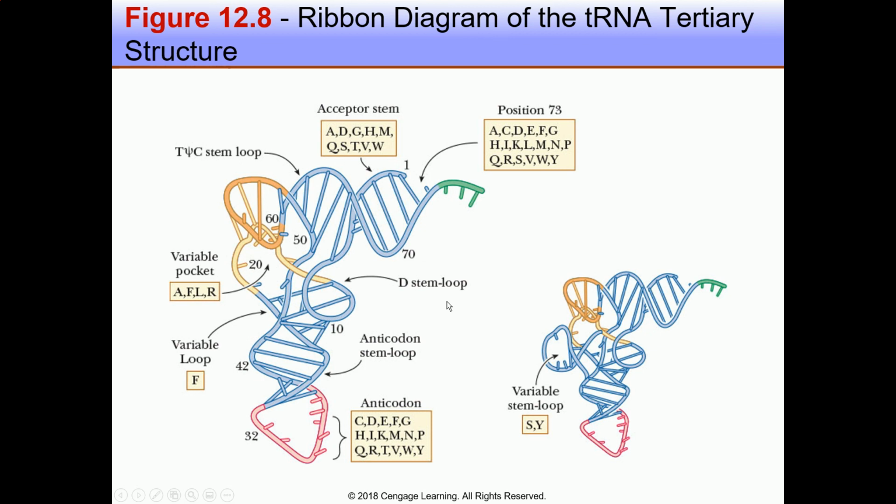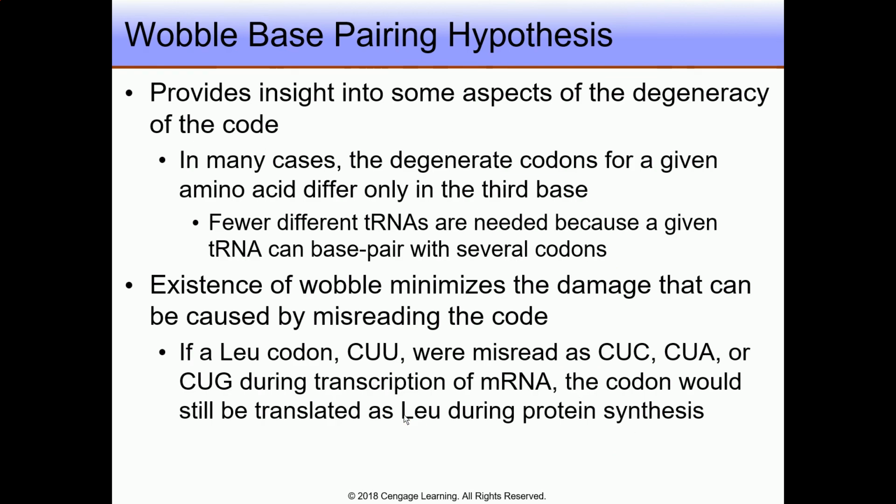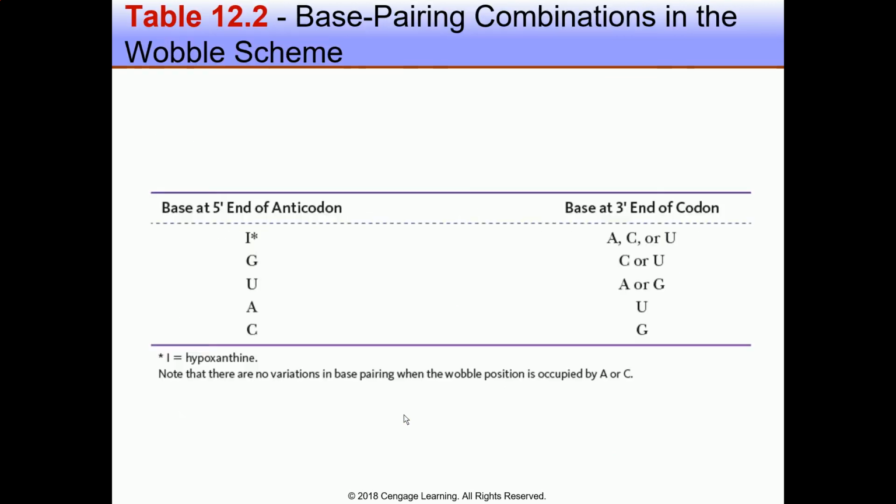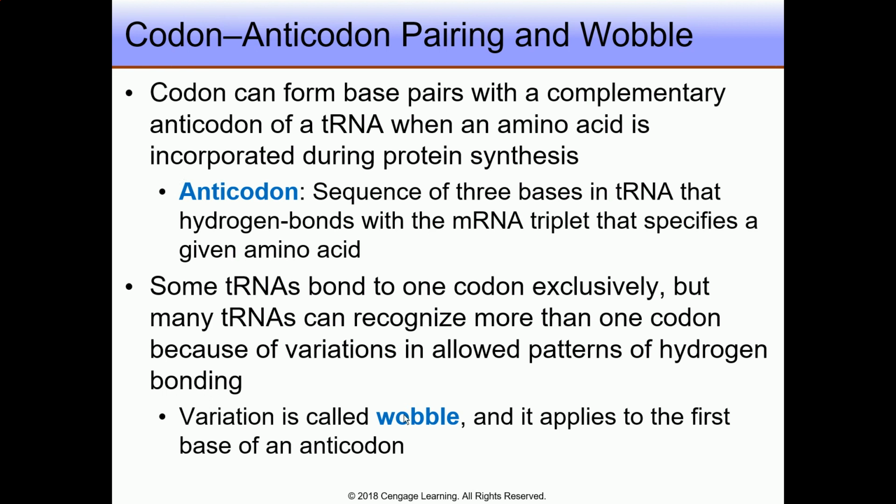To make it simple, there is a 3 prime end on the transfer RNA where the amino acid is bound, and this is the part of the transfer RNA where there is an anticodon, and this anticodon is going to recognize the codon on the mRNA. So the anticodon is on the transfer RNA and the codon is on the mRNA.